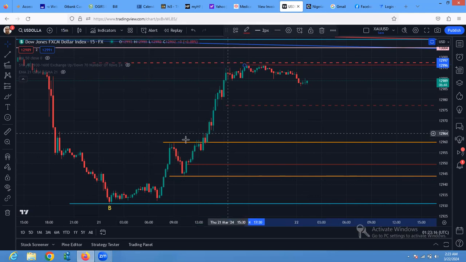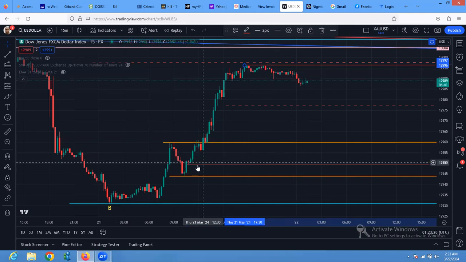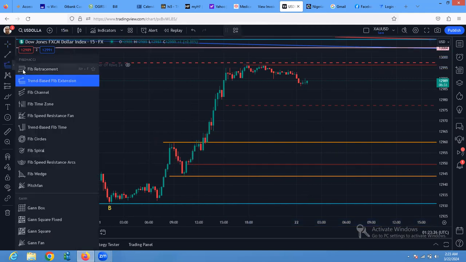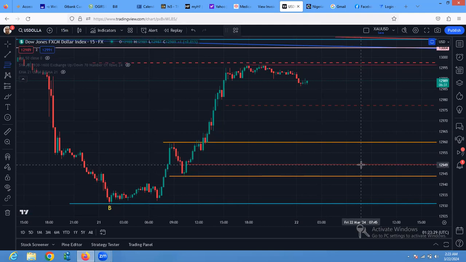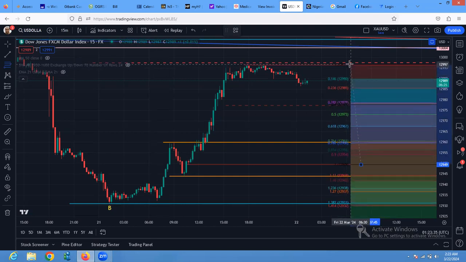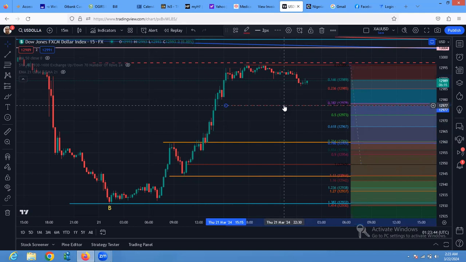Of this last wave, this is A and this is B, and this is a C wave. Of this C wave, this is the wave 2 of it. For us to know that we are done and we are now correcting the last leg, and where you should find your exit if you are selling and look for your entry if you are going to buy, is after we have broken this 38.2 level.